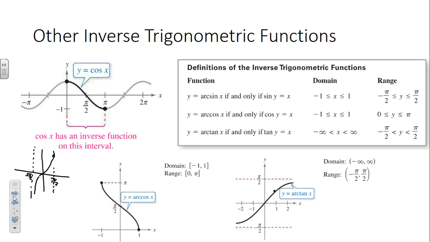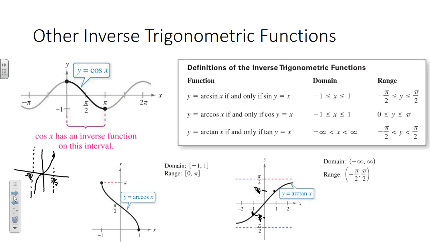And at negative pi over 4, we were down here at negative 1. So over here at negative 1, we'll be at negative pi over 4. Okay? Questions on this one?